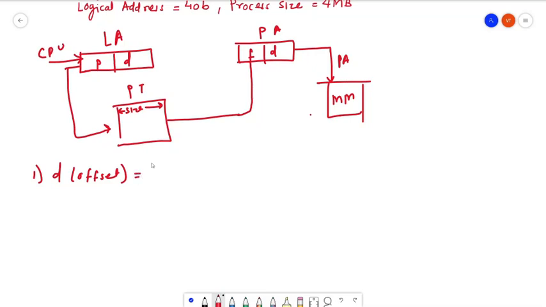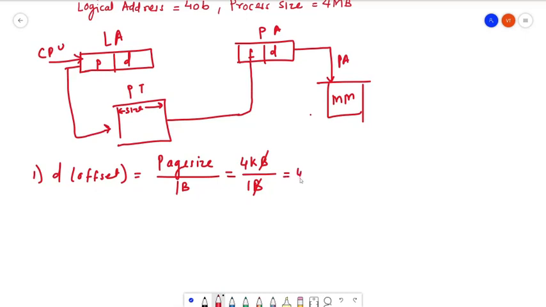How to find that? Page size upon 1 byte, since it's byte addressable. So what is the page size given? 4 KB is the page size given.